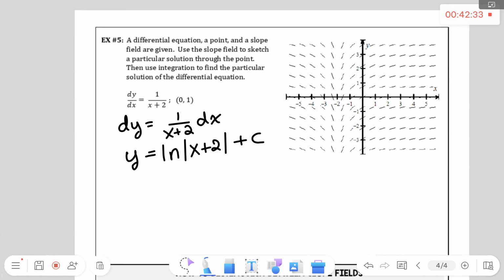Hey, they gave us a point to use. So can we find c now? Sure. Let's plug in the point. What point did they give us? 0, 1. 1 equals natural log. 0 plus 2 is just 2, plus c. What does c equal?